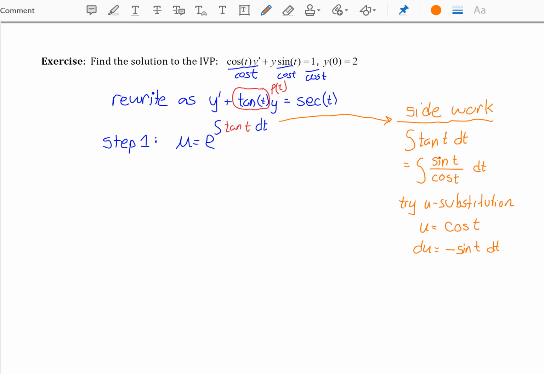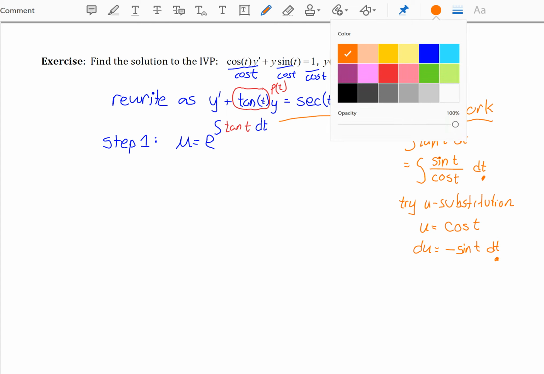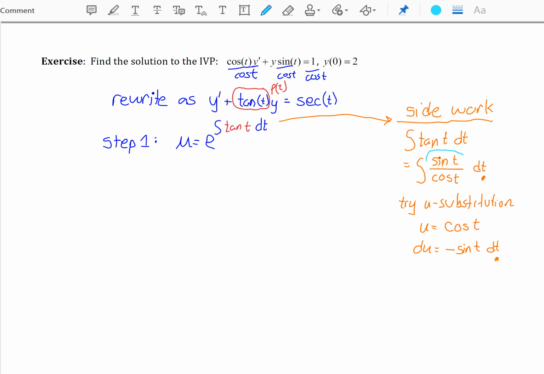Now, as you're following my work, make sure you're writing the notation correctly. You write your dt in all of these places. Not writing the dt is like not writing periods in sentences. You need to keep correct notation. So make sure you write this dt. Now remember, when you do your u substitution, you're looking for your du to match something in your original integrand.